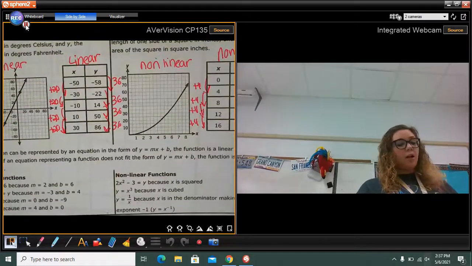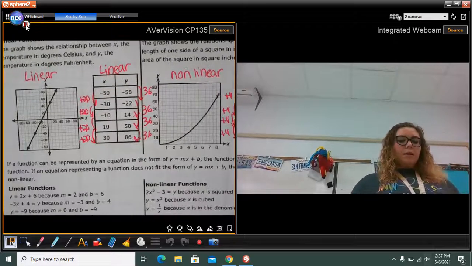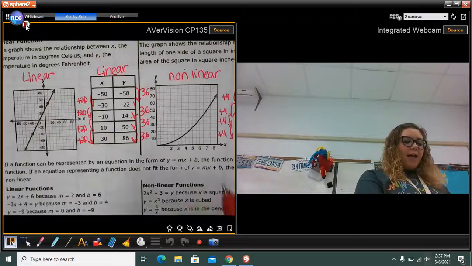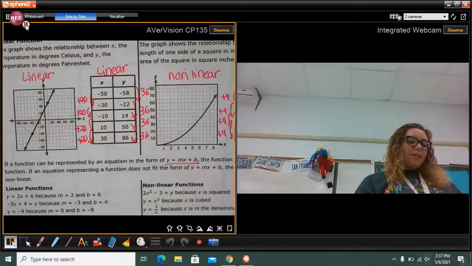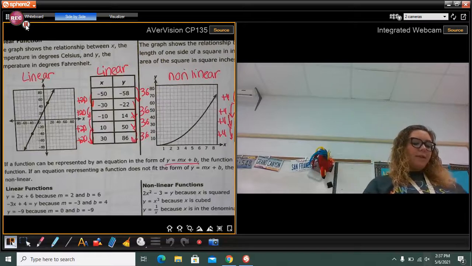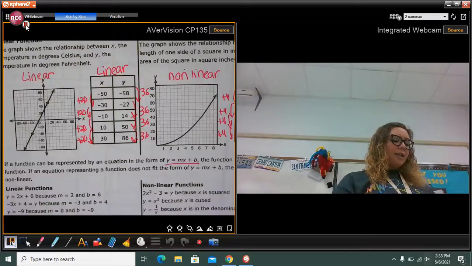And again, this is all in your notes from earlier this semester. Okay? If a function can be represented by an equation in the form of y equals mx plus b, the function is a linear function. If an equation representing a function does not fit the form of y equals mx plus b, the function is non-linear. Okay?